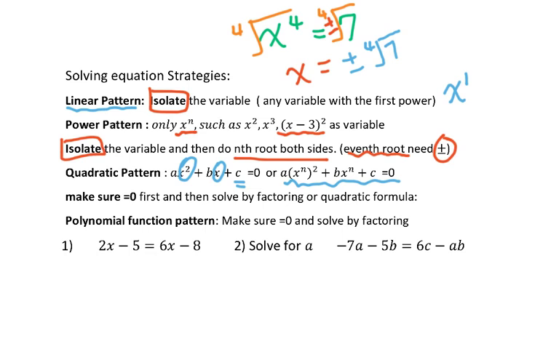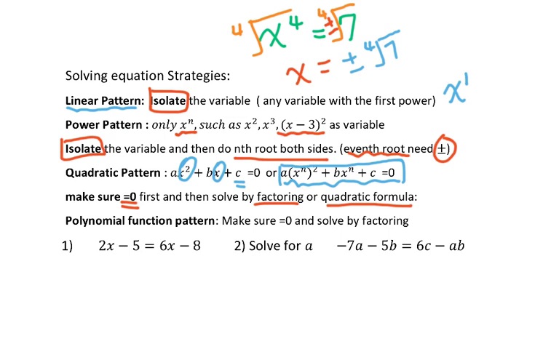If the equation can be written in this pattern, then we still count this kind of equation as a quadratic pattern equation. The first step, make sure it equals 0. Then solve by factoring or the quadratic formula. The quadratic formula can solve any kind of quadratic equation.